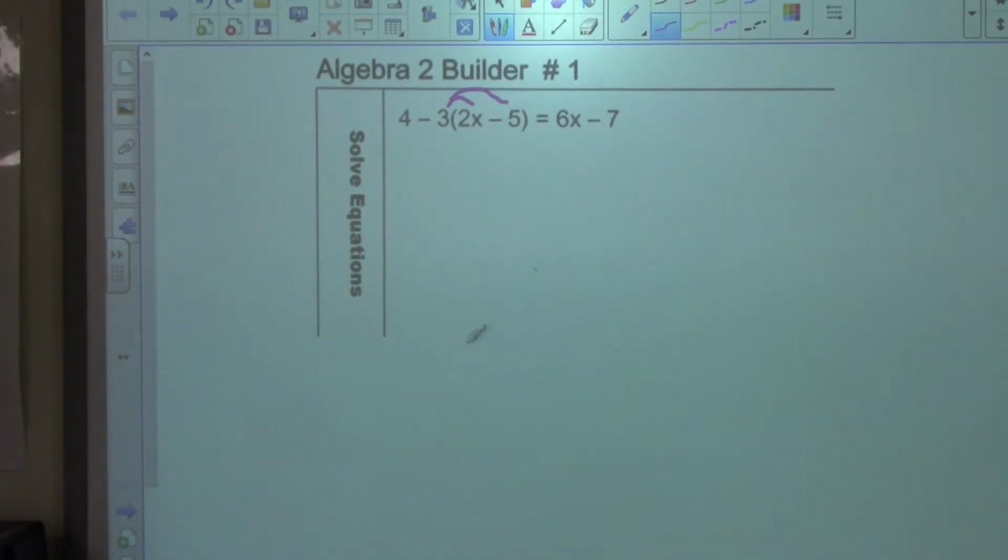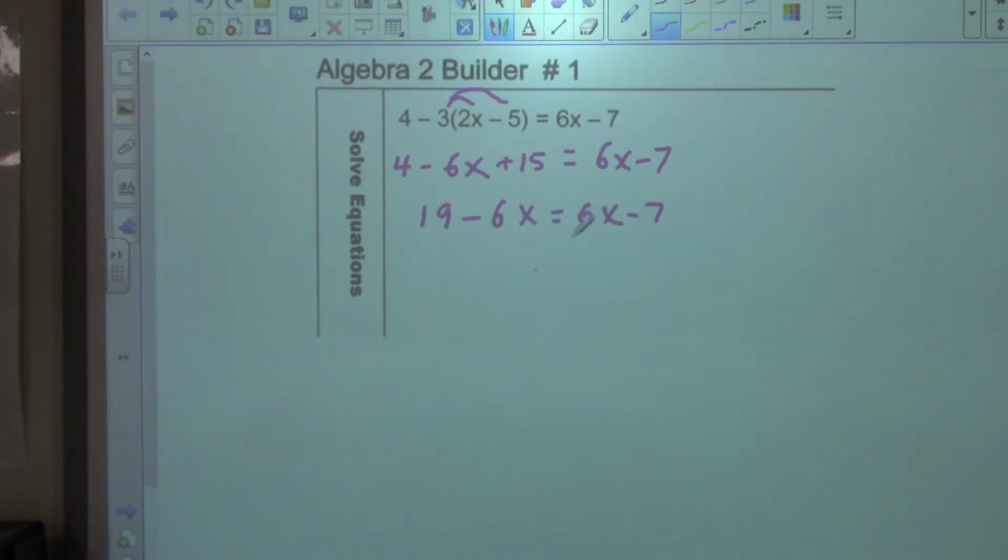I rewrite it as 4 minus, and then we have negative 3 times 2, so that's minus 6x, and then negative 3 times negative 5 is 15, so I'll put plus 15, and that's going to be equal to 6x minus 7. And then combining like terms, we got 19 minus 6x equals 6x minus 7. Does that look okay so far?